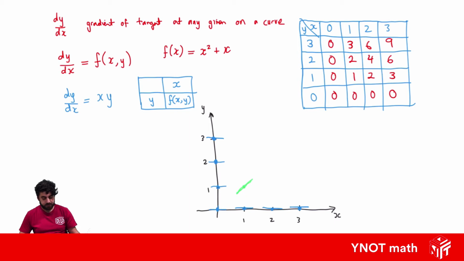At the points 1, 2 and 2, 1, we have gradients of 2, so slightly steeper gradients. So let's draw those in a little bit steeper.